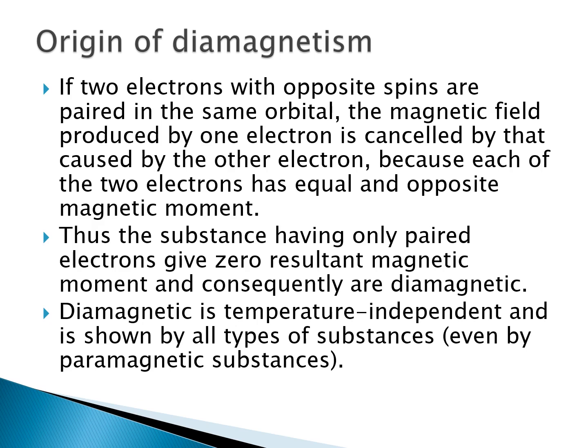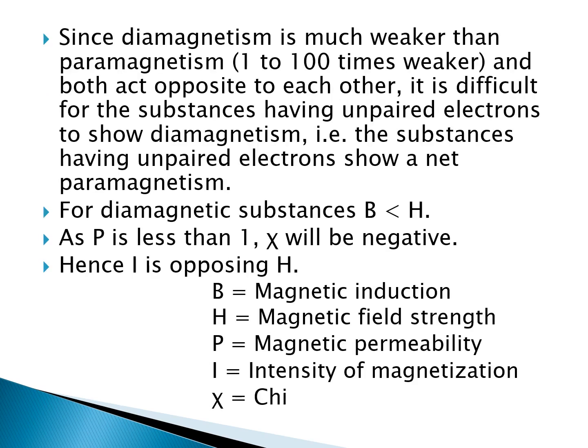Diamagnetic behavior is shown by all types of substances, even by paramagnetic substances, because paramagnetic substances have a few paired electrons as well. Diamagnetism is much weaker than paramagnetism, 1 to 100 times weaker, and both act opposite to each other.